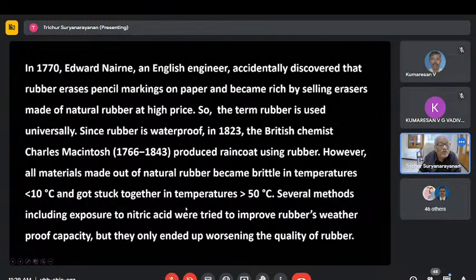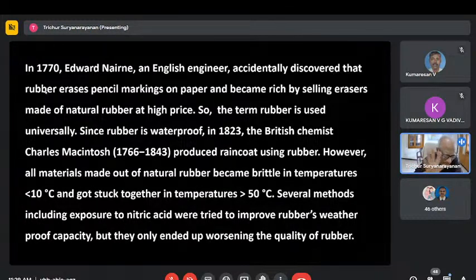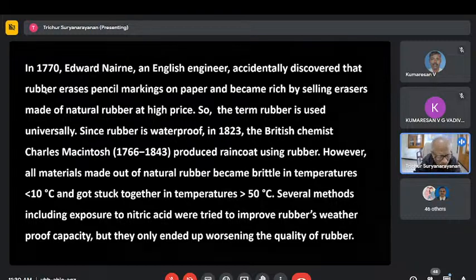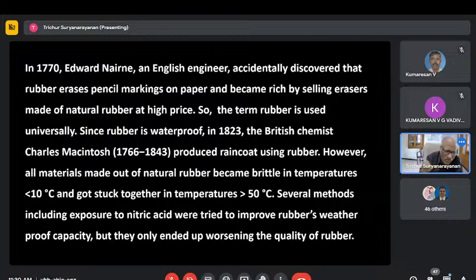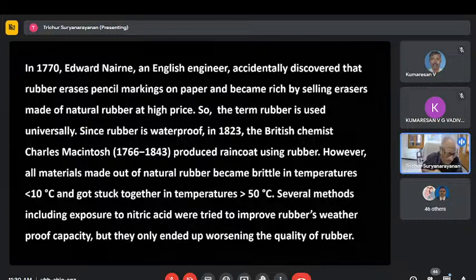Okay, so now, right. So this is about the rubber tree, Amazon, and the importance of that town called Manaus, which is situated in Brazil. Okay. Now about rubber. Though rubber was not found elsewhere in the world, and people got rubber from Amazon through ships, in the year 1770, an English engineer by name Edward Nairne accidentally discovered that this rubber could erase pencil marks on paper, and the rubber that we use, we can wipe out the pencil marks.